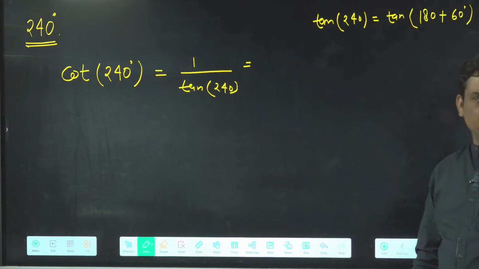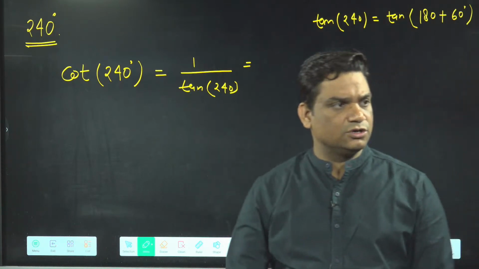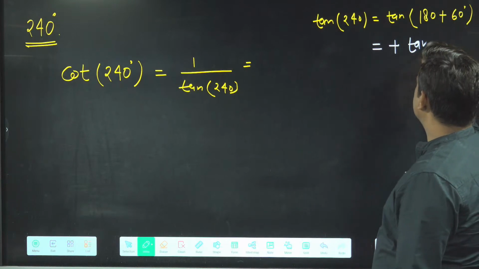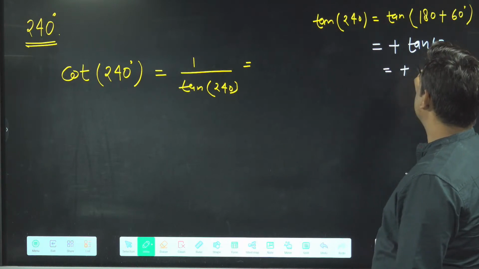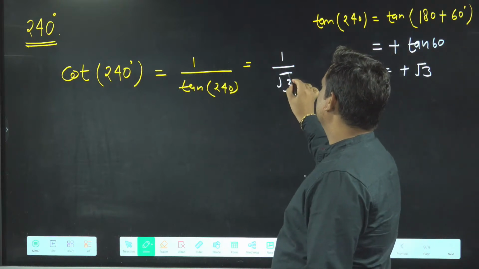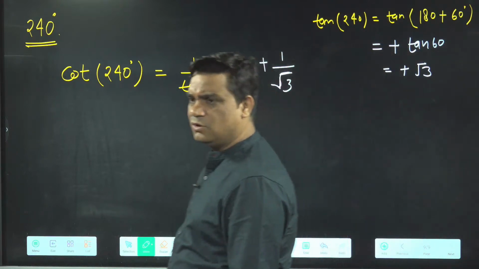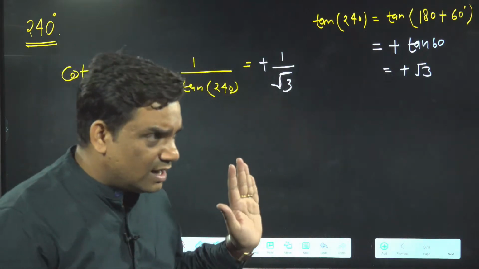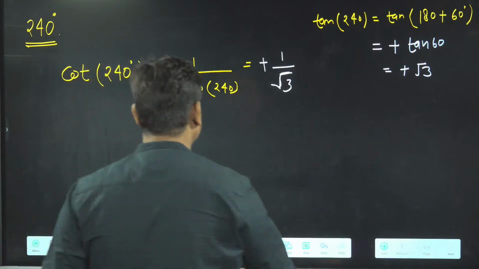Now you know whether it is going to be positive or negative. It is going to be positive. Positive tan 60, and tan 60 is what? Plus root 3. The answer becomes 1 by root 3, just over. Clear? The answer is plus 1 by root 3.